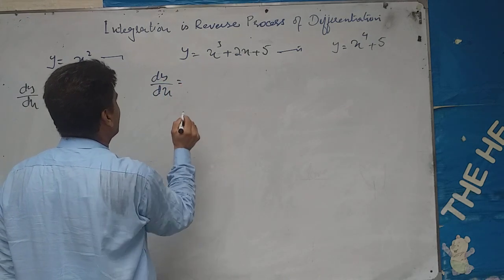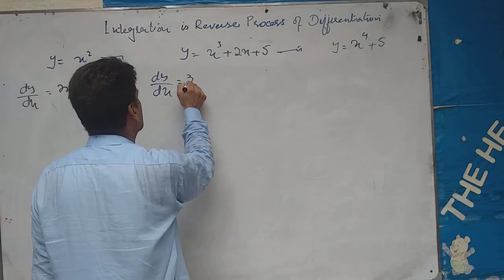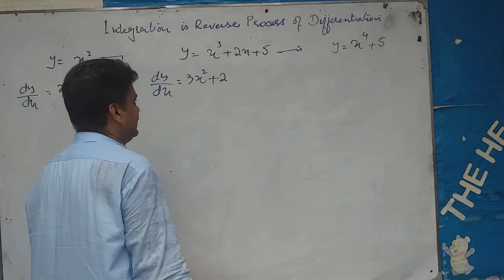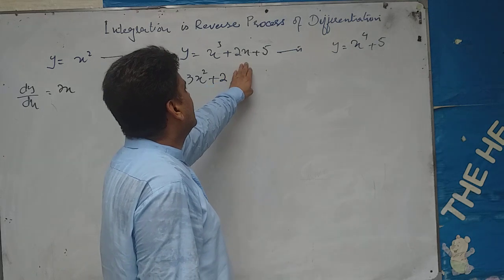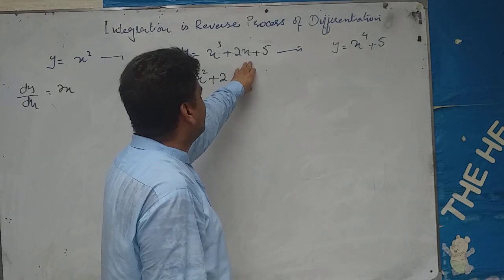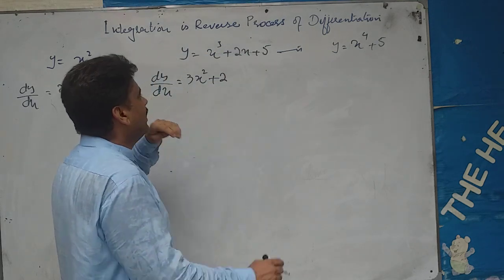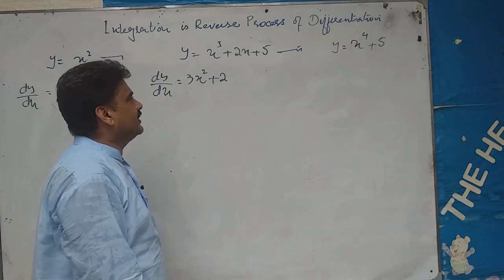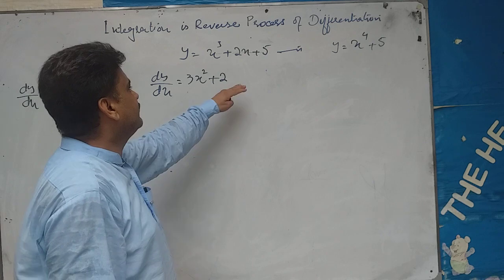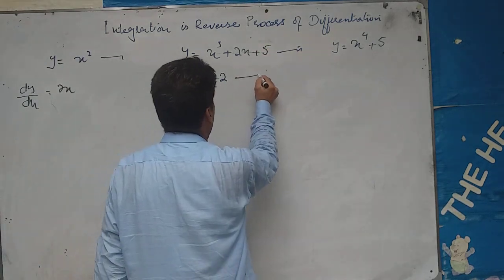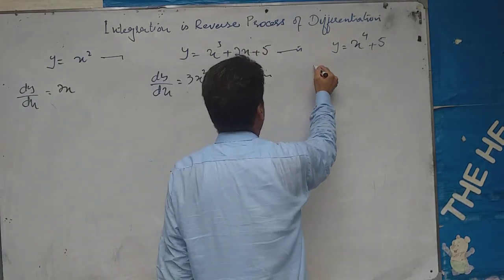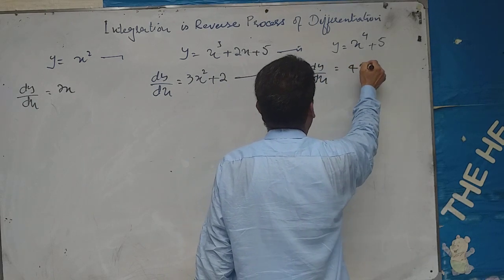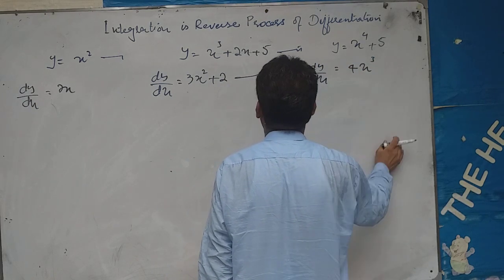Here dy by dx is equal to 3x square plus 2, and the derivative of x is 1, the derivative of any variable with respect to itself is 1, and the derivative of 5, which is a constant, is 0. The derivative of any constant is 0, hence the derivative of 5 is 0. In the third case, dy by dx is 4x raised to power cube.